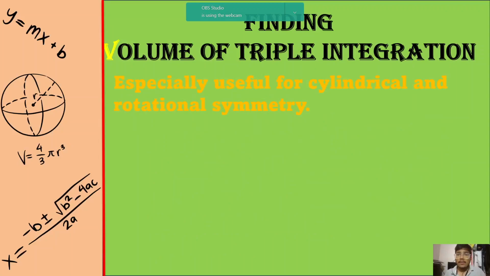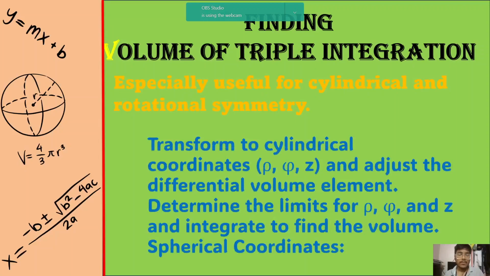Next, how do we do it when it comes to cylindrical symmetry? We first transform to cylindrical coordinates, which are rho, phi and z, and adjust the differential volume element. Then we determine the limits of the given coordinates, and again integrate step by step.